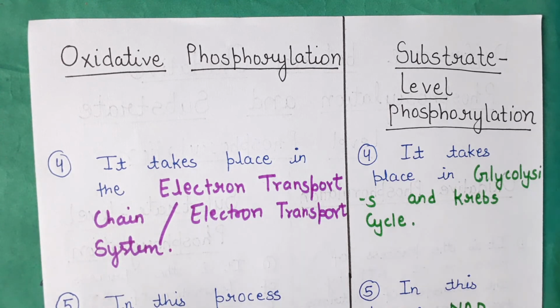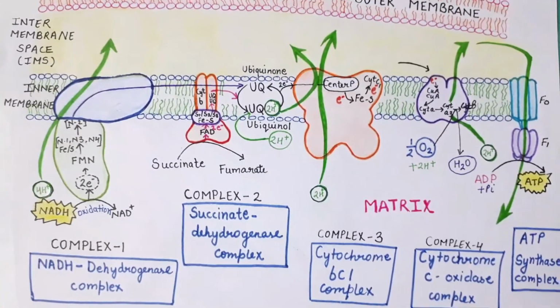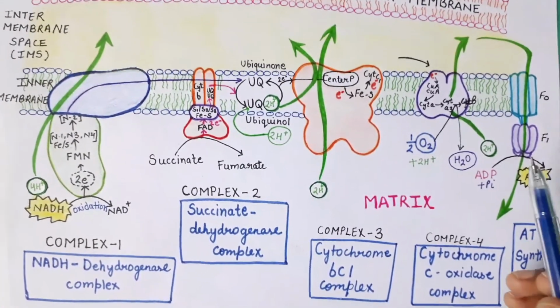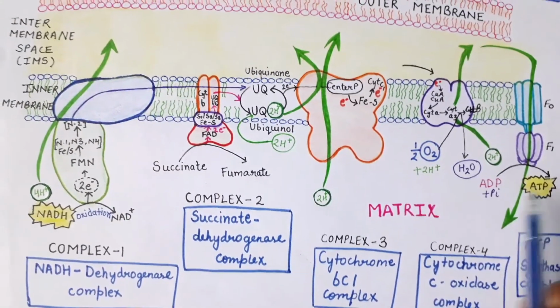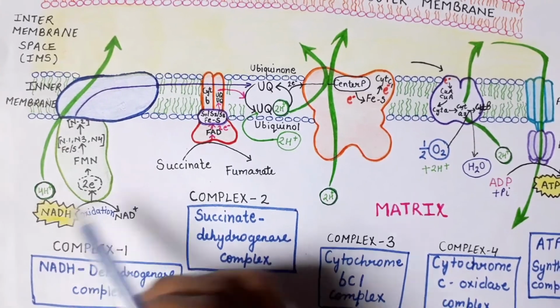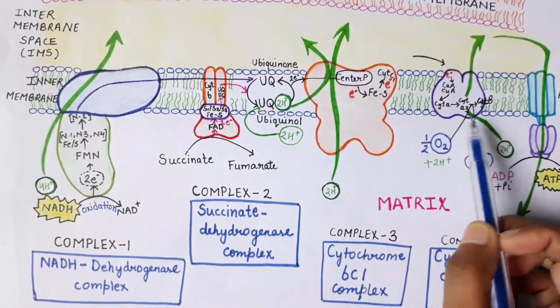Let's discuss the places where these take place: glycolysis, the Krebs cycle, and the electron transport chain. Firstly, oxidative phosphorylation is the process of formation of ATP due to the transfer of electrons from NADH to oxygen through a series of electron carriers.